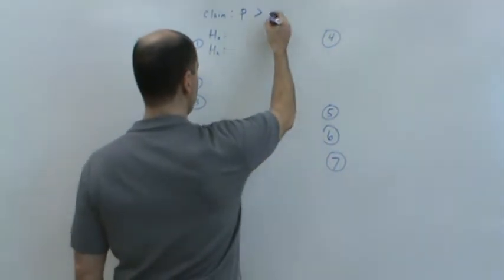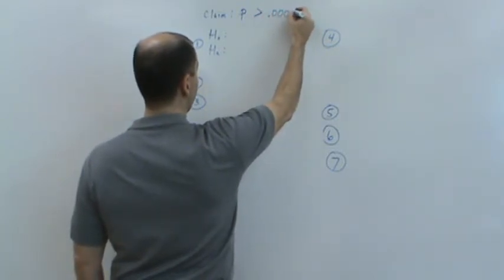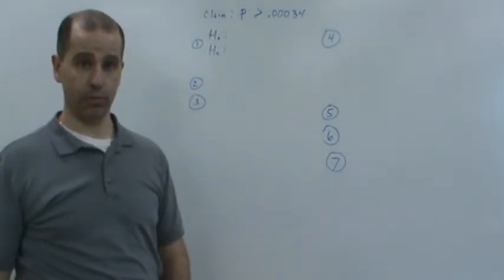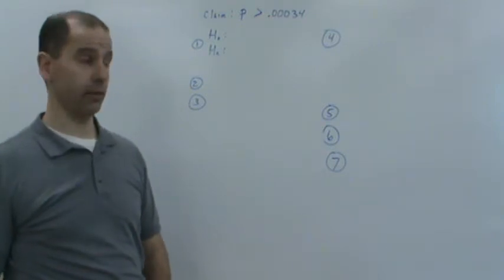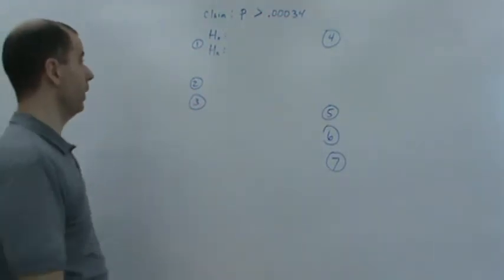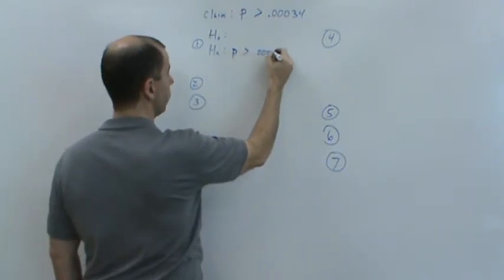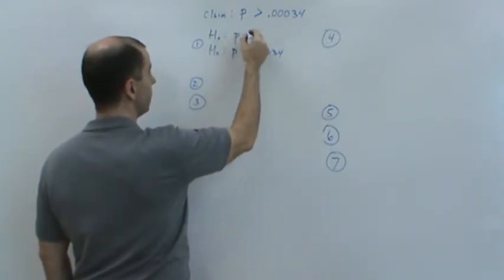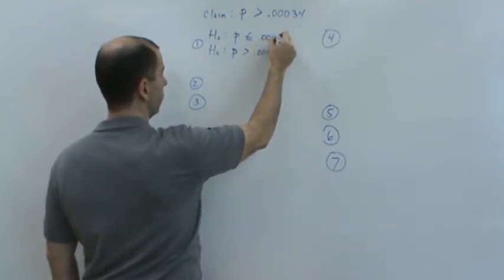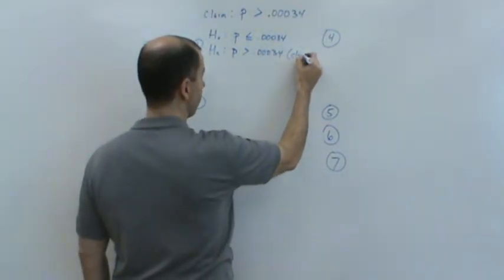That proportion is 0.00034, an extremely small percentage. So the alternative is p is greater than 0.00034, and the null is p is less than or equal to 0.00034. And our claim is the alternative, the claim we're testing.